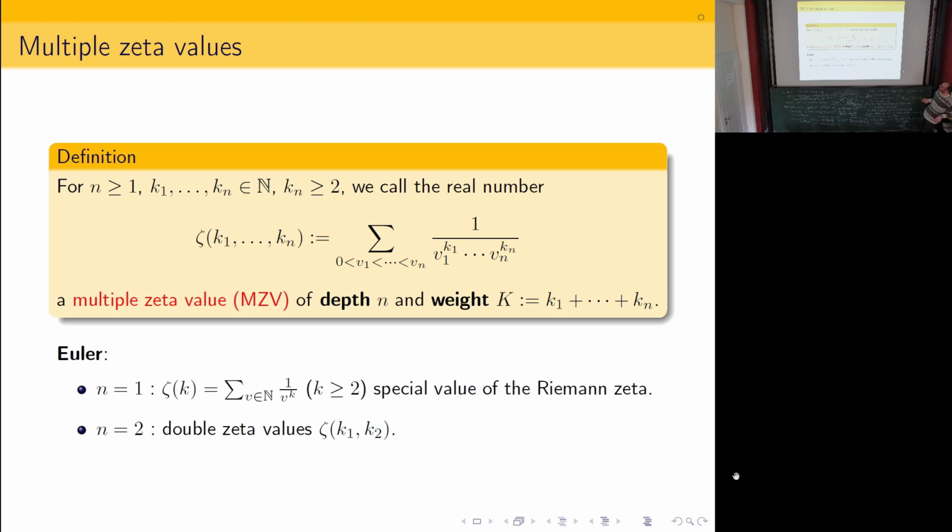And they were first, in the very easiest setting, considered already by Euler, who studied special values of the Riemann zeta and also took a look at the n equal 2 case, which are double zeta values. Then I think they were rediscovered and systematically studied starting from the end of the 80s, beginning of the 90s, by people like Zagier and Hoffman and many others.